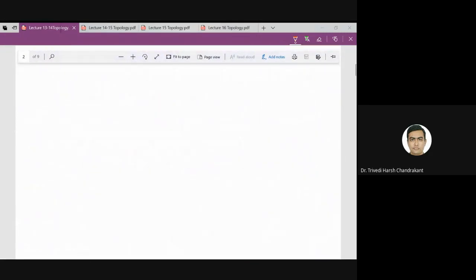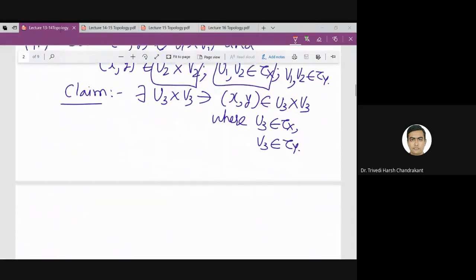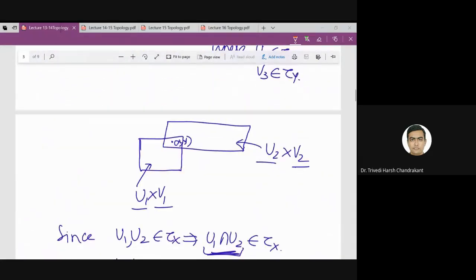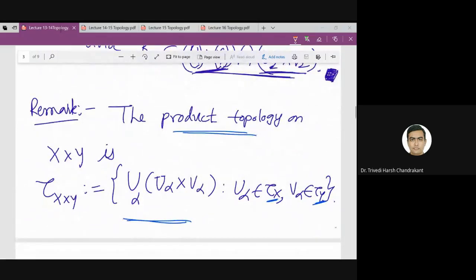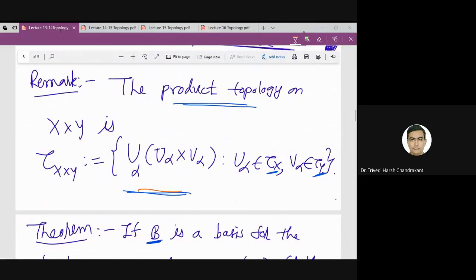And we also know that the product topology is also generated by another basis. So basically this is product topology, which is the union of all basis elements.